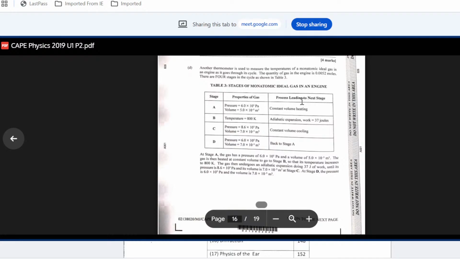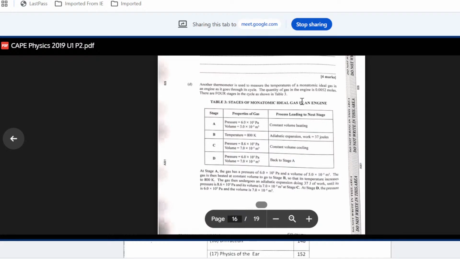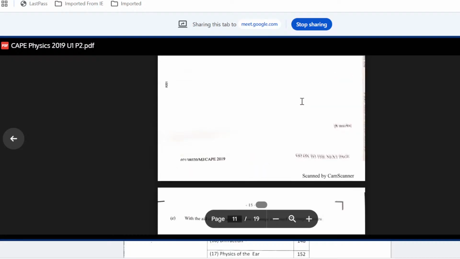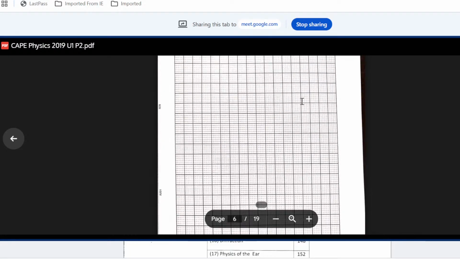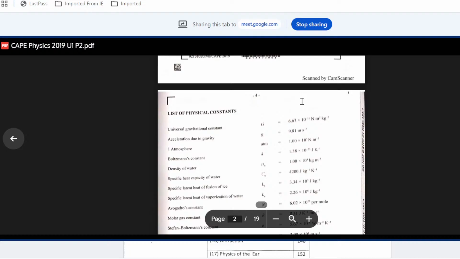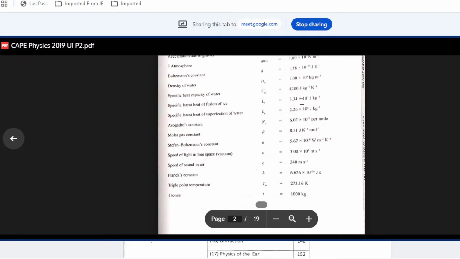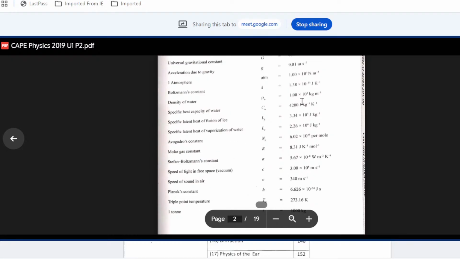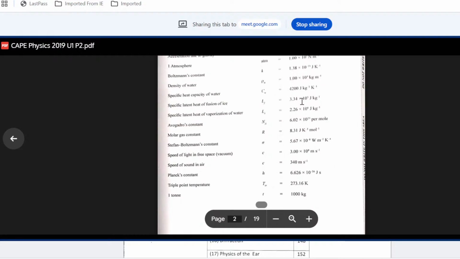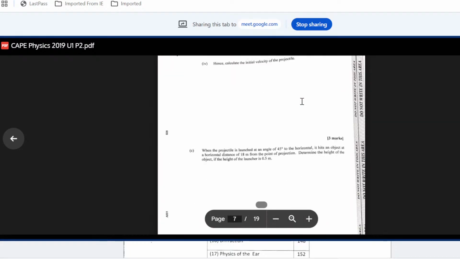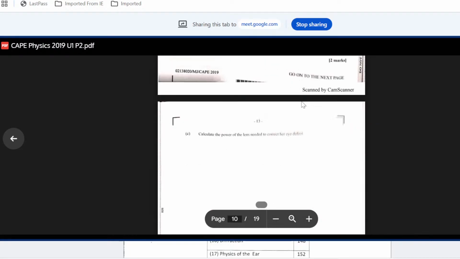Heat energy is equal to n, and then the molar heat capacity for the specific object, and the change in temperature, I think. Let me see. Oh no, they actually don't give you that. Oops. So you have to know this one.